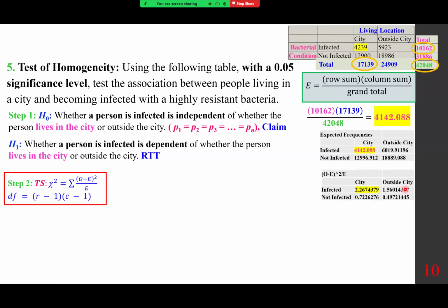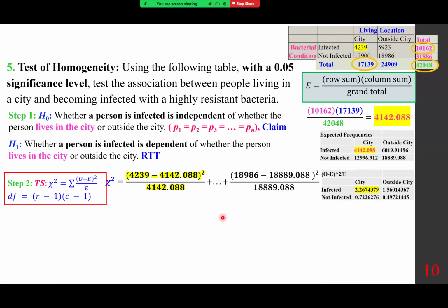And you can do the rest. Because that's one way to do it. If you're using, for example, Excel, it makes it easy to do that calculation. So if you were to write it, you would rewrite it in this format. The last entry, this number minus this number squared divided by this number. And when you add up those numbers, if you're again doing the Excel, you get a test statistic of 5.047424.